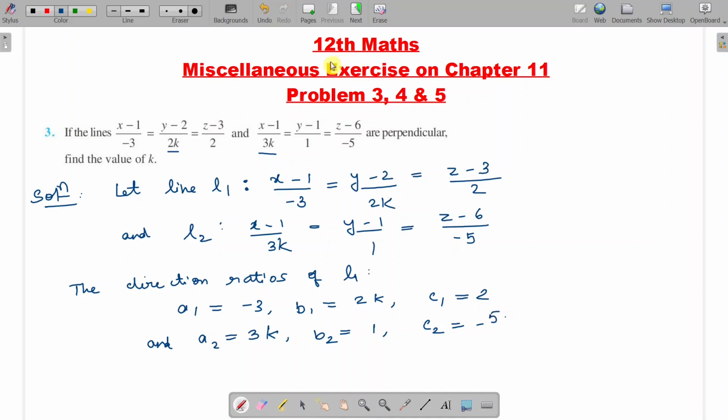Okay, so now we will take the angle, which is given as pi by 2. That is because lines L1 and L2 are perpendicular.